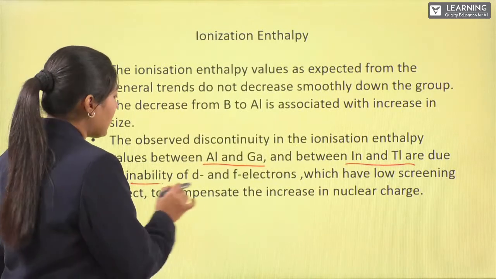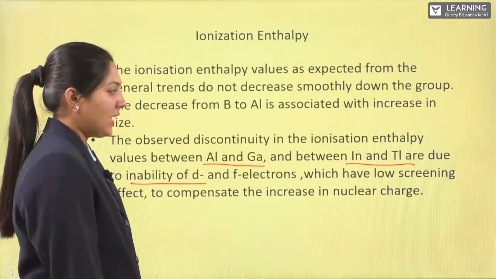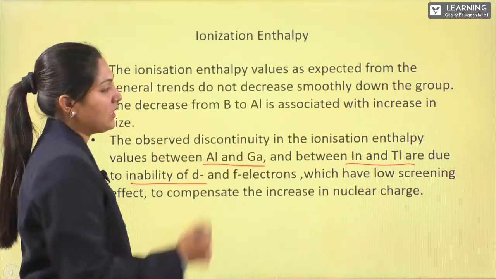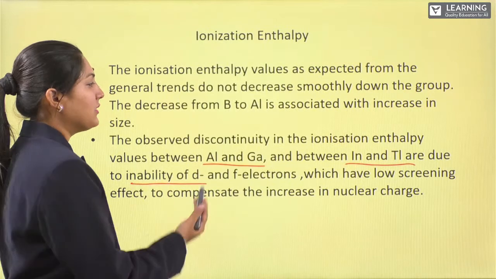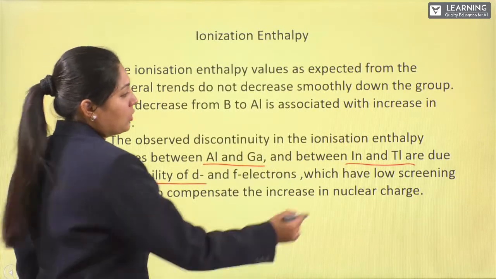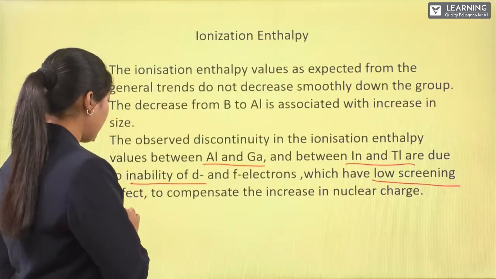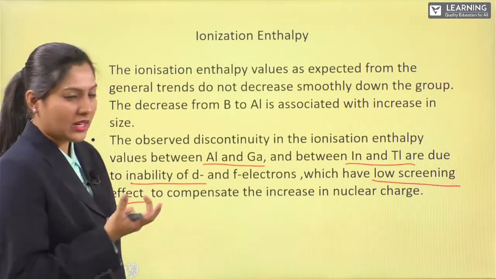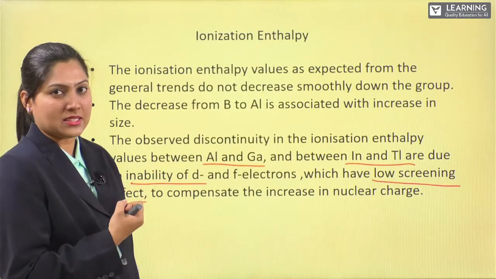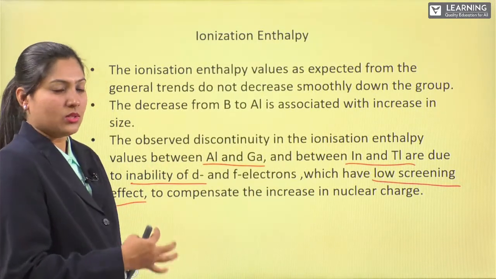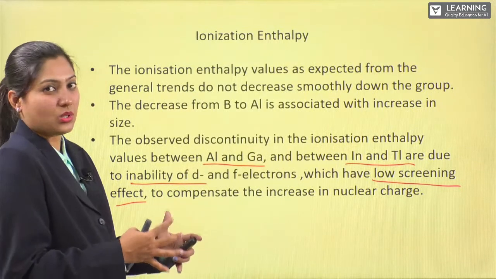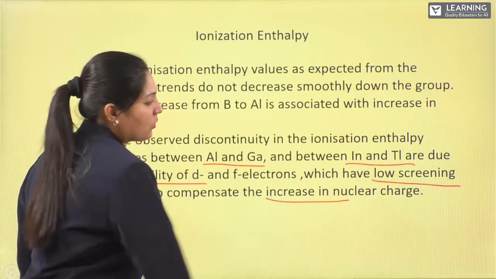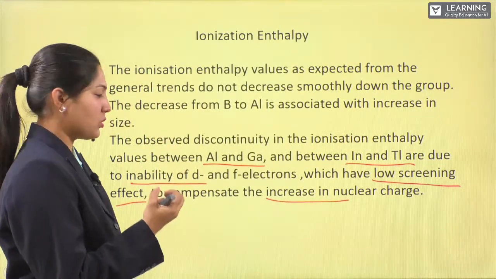That is due to the inability of d and f electrons, the presence of d orbital in gallium and f orbital in thallium, which have a low screening effect. That means the shielding will be less, so the size will be a bit decreased, not increased. To compensate the increase in nuclear charge, they come closer.